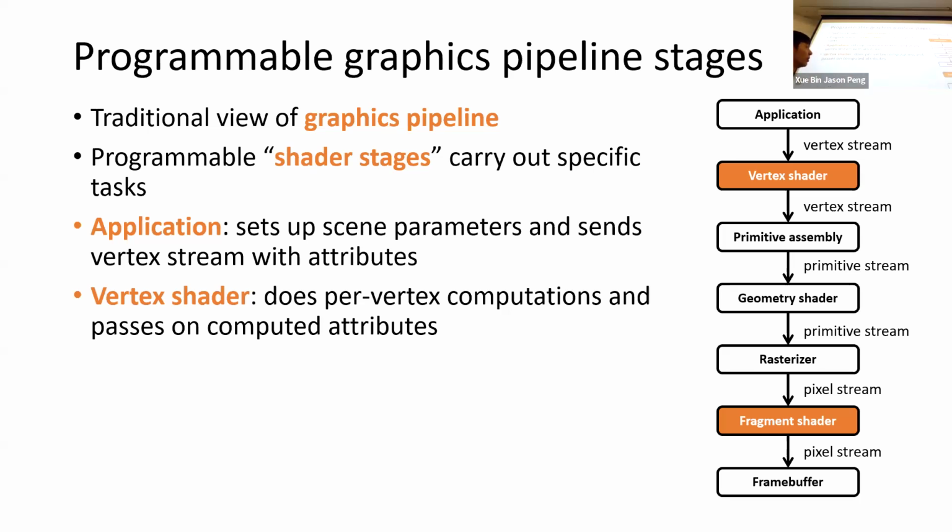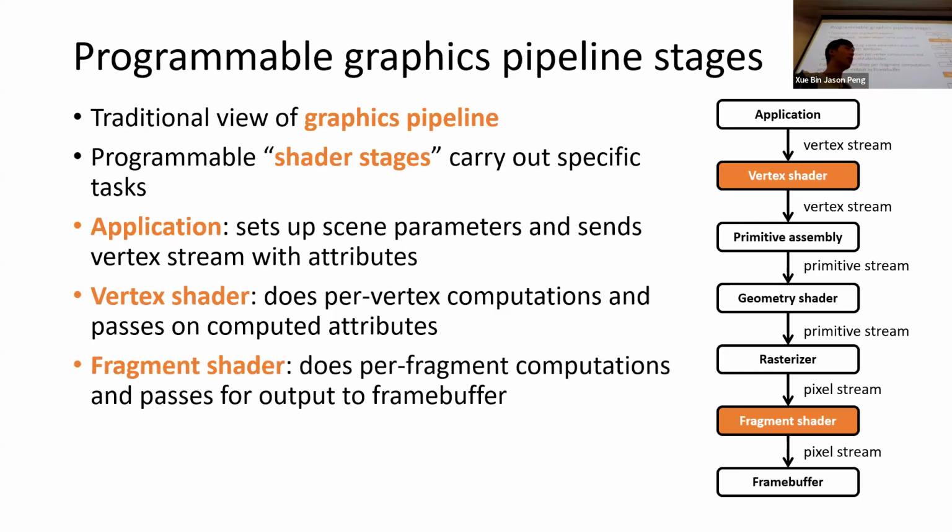After the vertex shader, the vertices produced by the vertex shader will be processed by some additional stages of the pipeline. And then at some point, it's going to arrive at another key stage of the GPU pipeline, which is the fragment shader, or sometimes referred to as the pixel shader. The job of the pixel shader is to perform shading calculations on the pixels that we are drawing on the image.